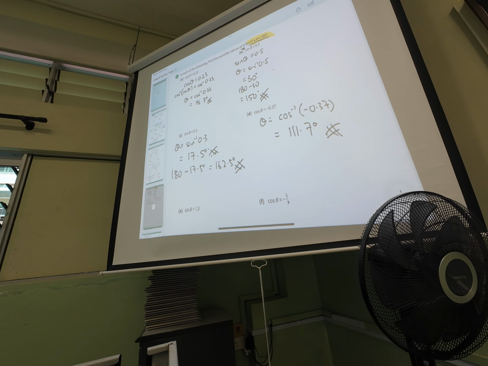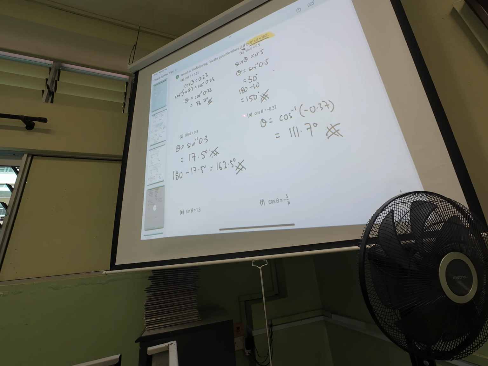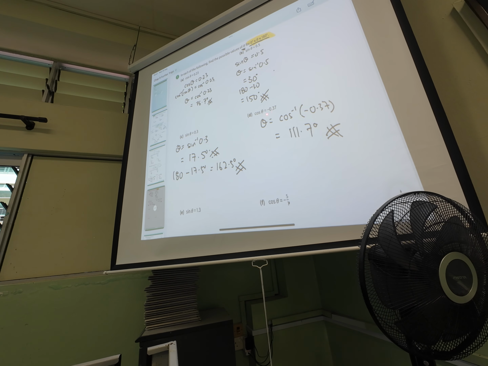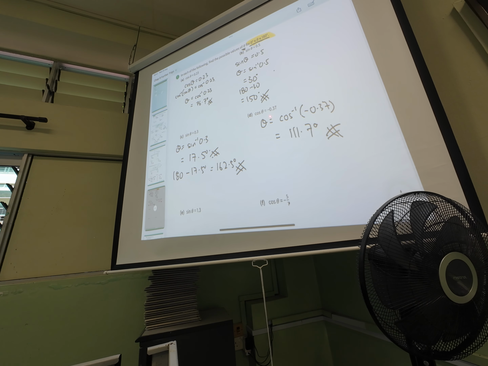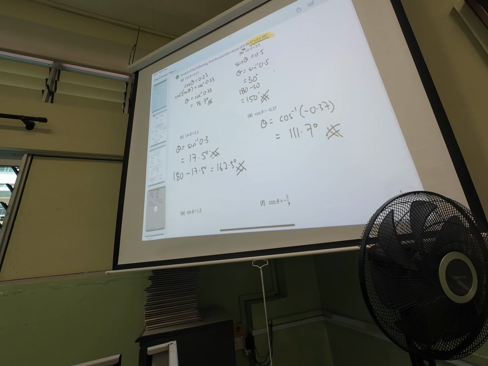And there is only one answer, because cosine is negative. The acute angle will give you a positive value, so you cannot get the answer from the acute counterpart. The acute counterpart will give you positive 0.37. So for cosine negative, you only have one answer.